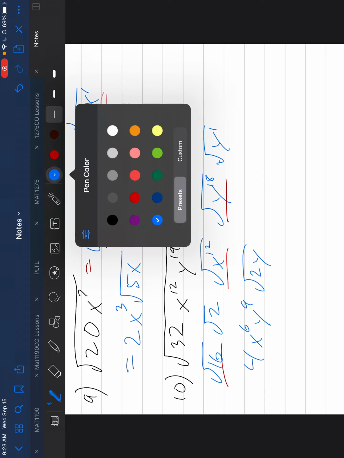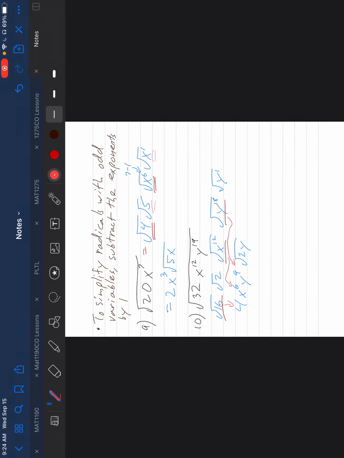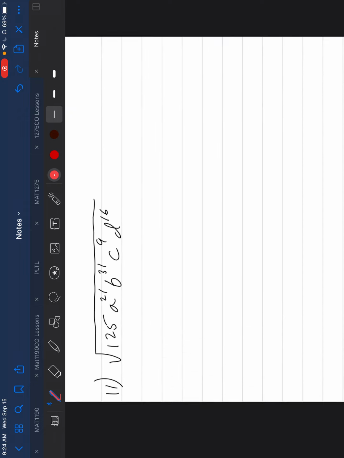Right, so just to show you, we get 4 from square root of 16. We get x to the 6th from x to the 12th. We get y to the 9th from radical y to the 18th. And everything that we didn't take the square root of stays. So this will be the last one.